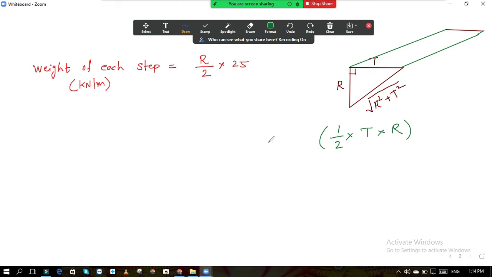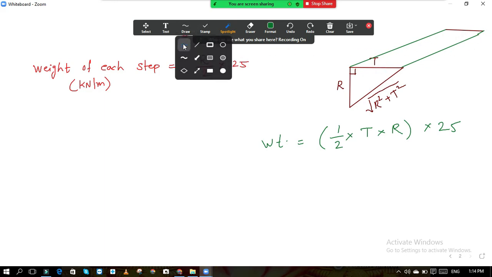Now if you want to calculate the weight, multiply it by the density, that is 25, into 1, because we have considered 1 meter width. This width I have shown over here is the width of the stair. We always consider this width as 1 meter.